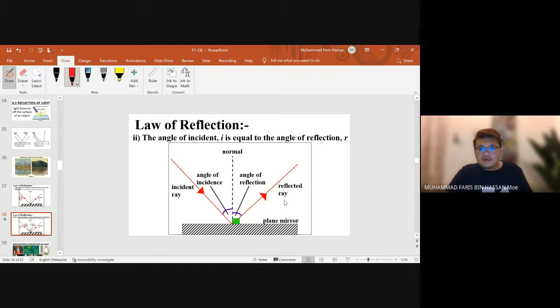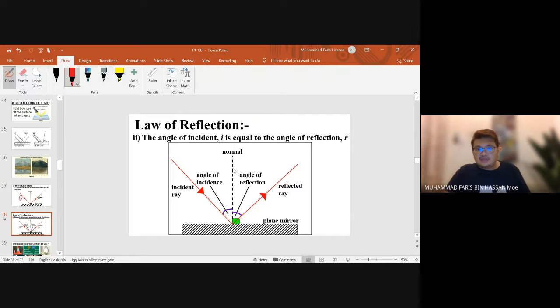So because of this kind of reflection, it will form the angle of incidence here. The angle of incidence is from the incident ray until you reach the normal line. This reflected ray will also form the angle of reflection. How we calculate the angle of reflection is from the reflected ray until this normal line.